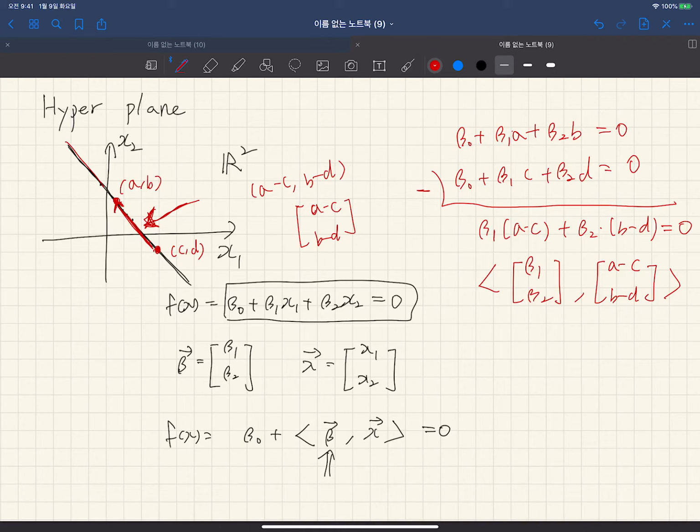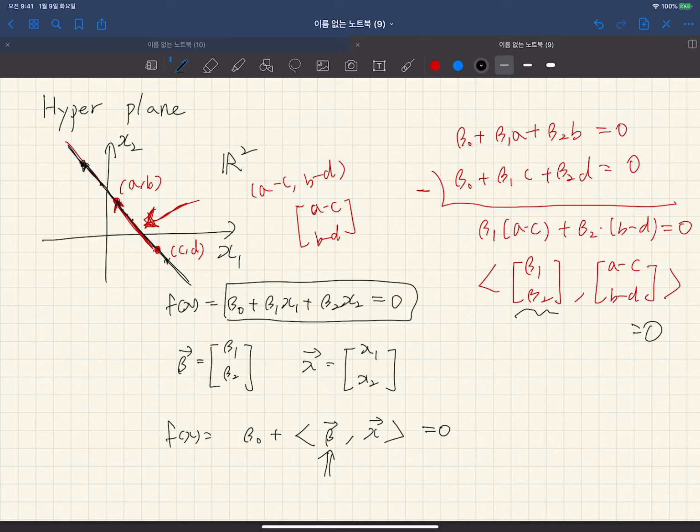So the key point is this. Whenever you pick two points on this line and draw a vector between the two points, the vector always shares the same direction, and the vector between two points and the beta vector, beta 1 comma beta 2, always make 0 inner product value.